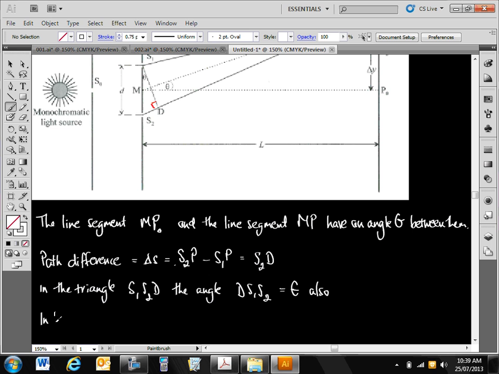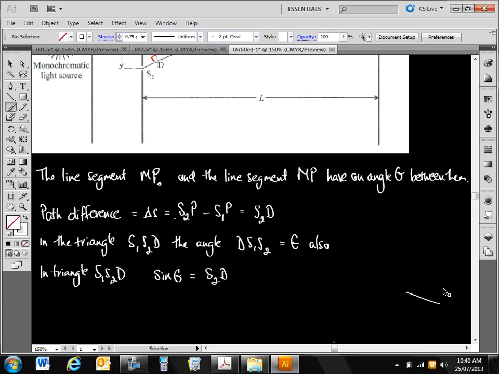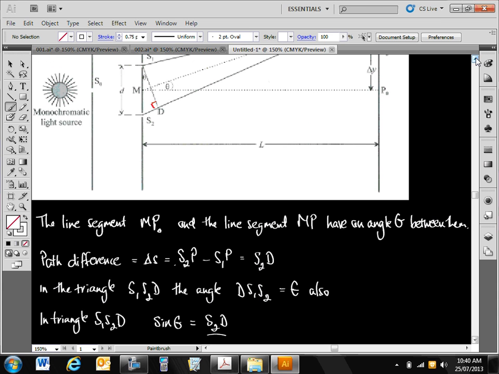In triangle S1 S2 D, sine of theta is equal to opposite, S2 D, over the hypotenuse, which is S1 S2.